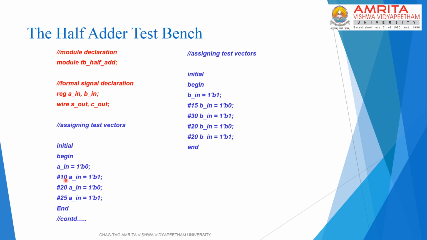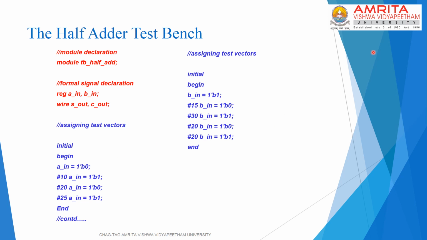Initially A in is assigned to logic 0, and after a delay of 10 time units, A in is changed to logic 1. And after a delay of 30 time units, A in becomes logic 0. So you can notice that the time delay that is specified by the hash will be appended to the previous assignment.